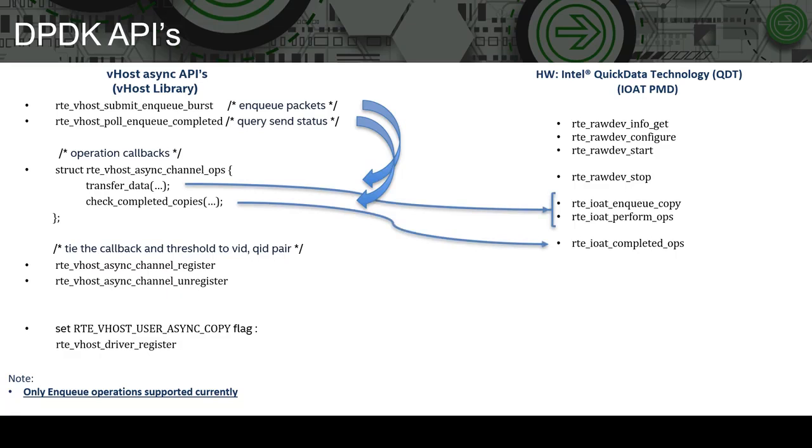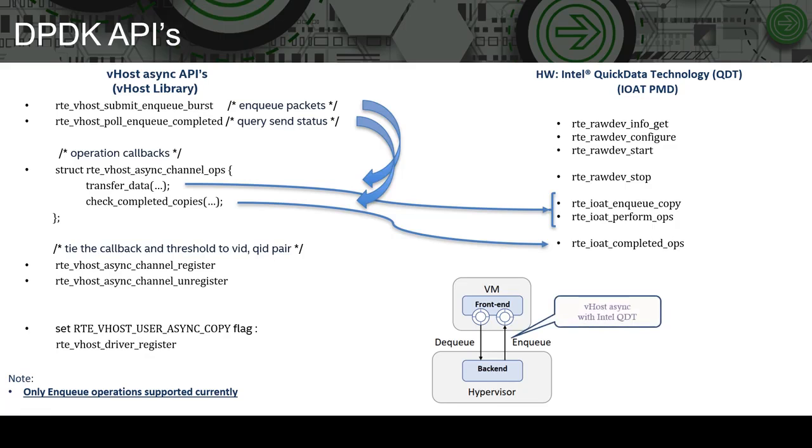As you might have guessed, in these callbacks, we will utilize these functions. So going back to the diagram from slide 1, where does all this fit in? It fits right here on the enqueue path, that is from the back end to the front end. Another important point to note is that these APIs, both async and IOAT, are experimental in nature.